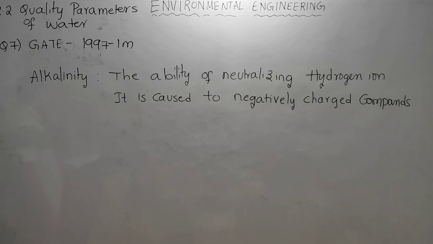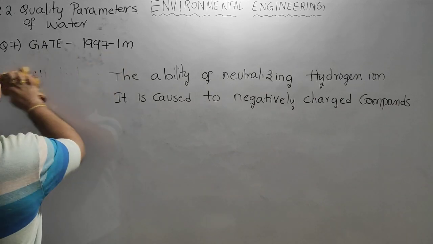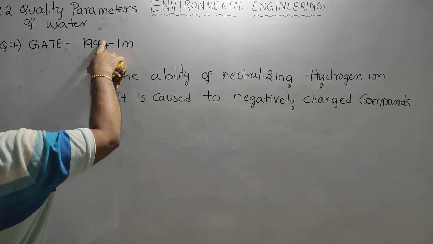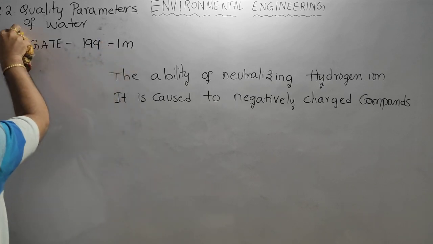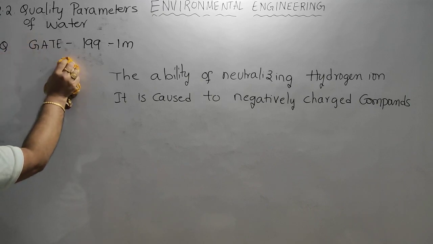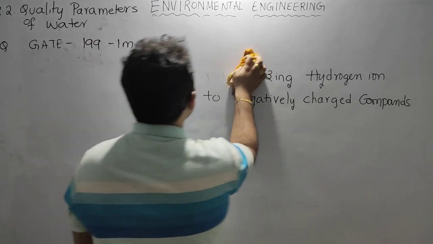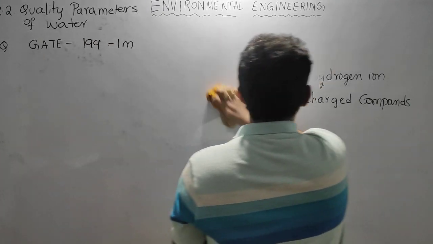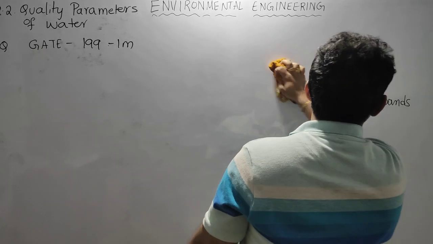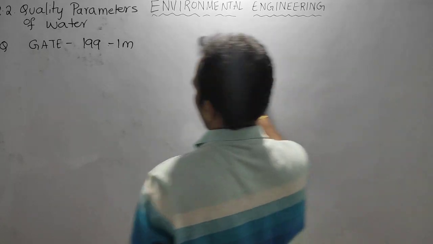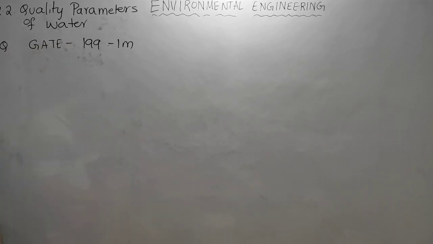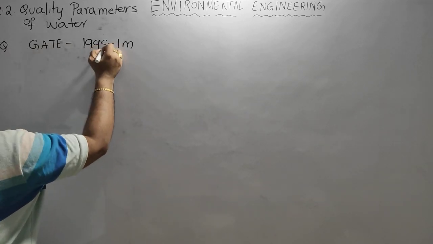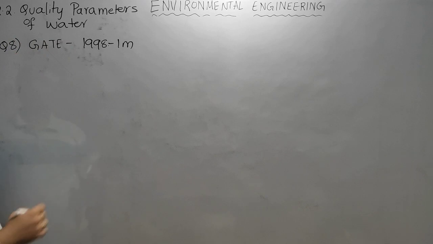Excessive fluoride in drinking water causes. Question number 8, 1998, 1 mark. So the question is excessive fluoride in drinking water causes.